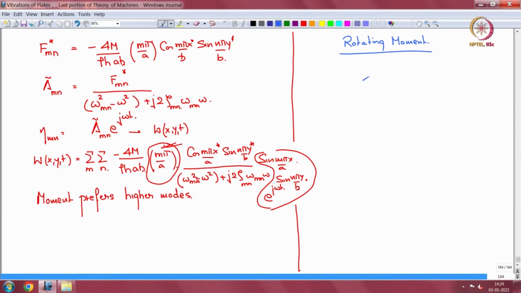If the direction of a moment is like this, you use your right hand rule and the moment is going this way. Now, the moment is rotating. This moment rotates on the plate, the plate is sitting. So, now let me draw the schematic.